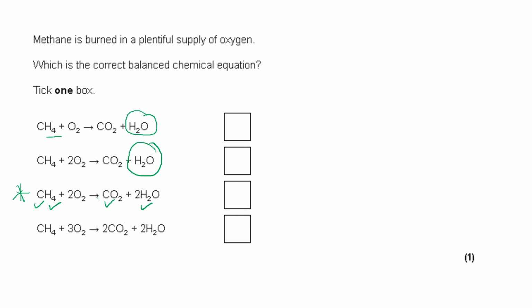We have 4 oxygens on the left hand side, and we have 4 oxygens on the right hand side, because we have 2 in the carbon dioxide and we also have 2 water molecules. So that gives us 4 oxygens altogether. So our balanced equation would be this one.